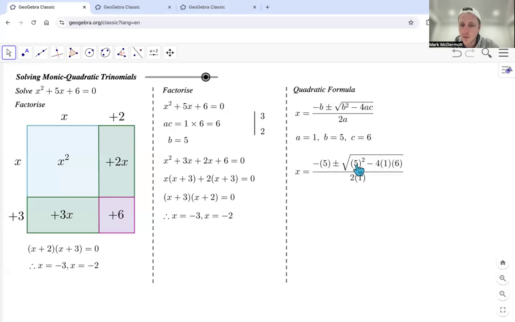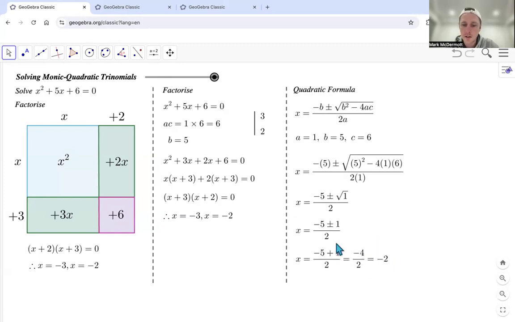-5 plus or minus the square root of 5 squared minus 4 times 1 times 6 all over 2. Okay, this is 25 minus 24, which is just 1. And the square root of 1 is just 1. So you get -5 plus or minus 1 on 2. That's two solutions, yeah? -5 plus 1 on 2, which is -5 plus 1 is -4, divided by 2 is -2.